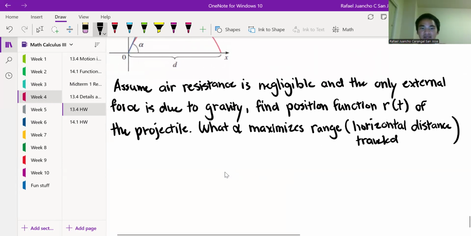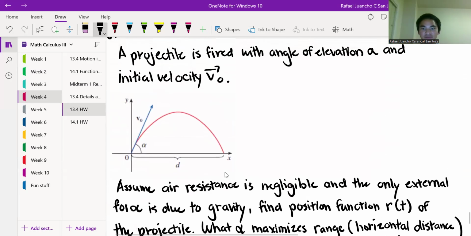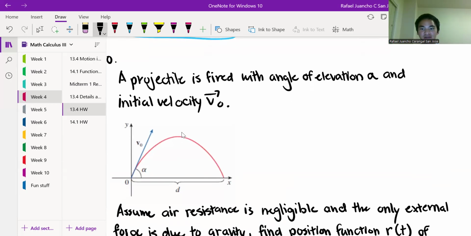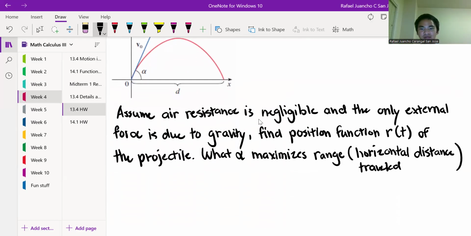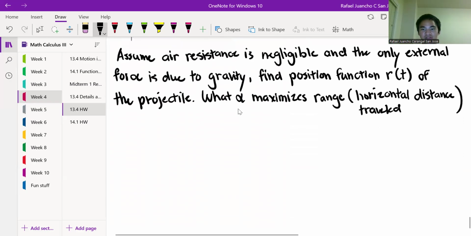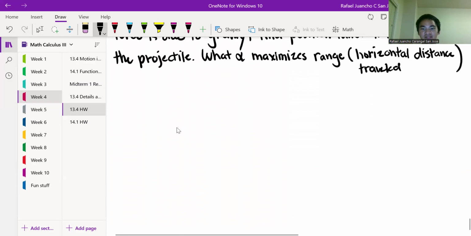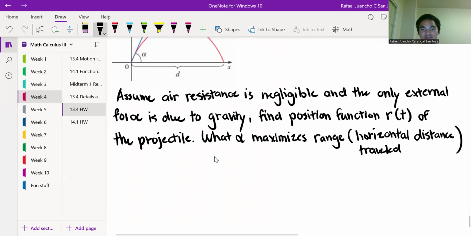So a lot of wording here. So basically the idea is we're given a scenario, we fire a projectile given an angle and an initial velocity vector, and we assume there's no air resistance except gravity, and we find a position function r of t of the projectile. And we also find an alpha that maximizes our horizontal distance traveled.